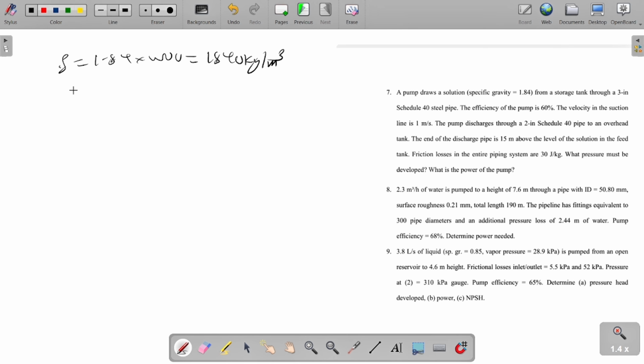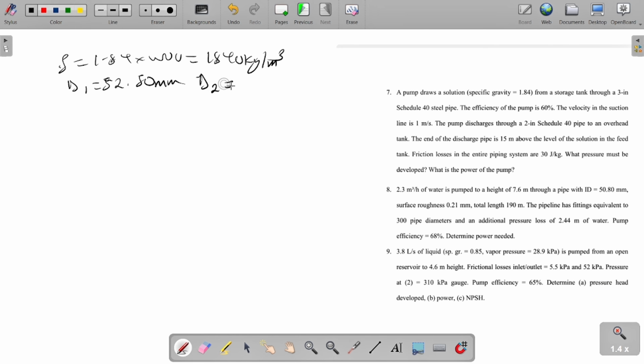Did you get it? Then the diameters were given in the question. We have the 2 inch and the 3 inch. The 2 inch has a diameter of 52.50 millimeters.